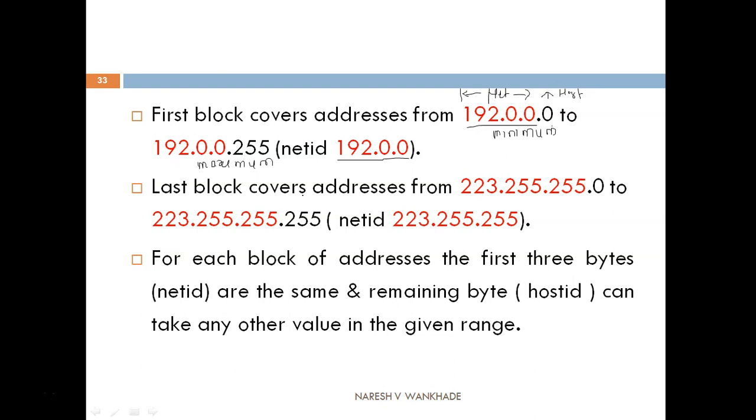And the last block covers addresses from 223.255.255.0 to 223.255.255.255, where 223.255.255 is the net ID and the last byte is the host ID.